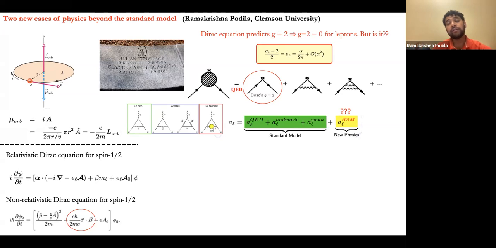That's the new physics. So the question is, if we calculate all these values very well, and then we still see an anomaly that cannot be explained by all these QED, hadronic, weak interactions, then that means there must be some new physics beyond the standard model.